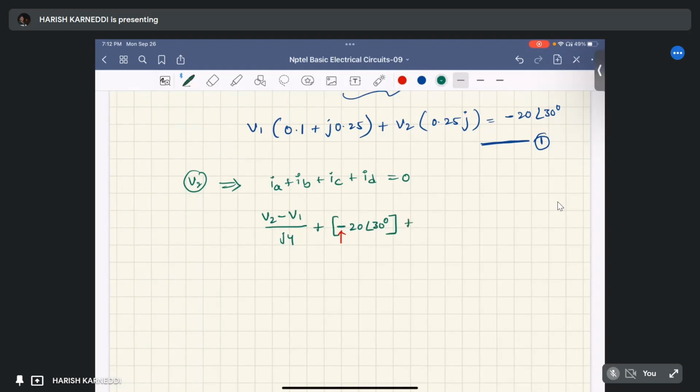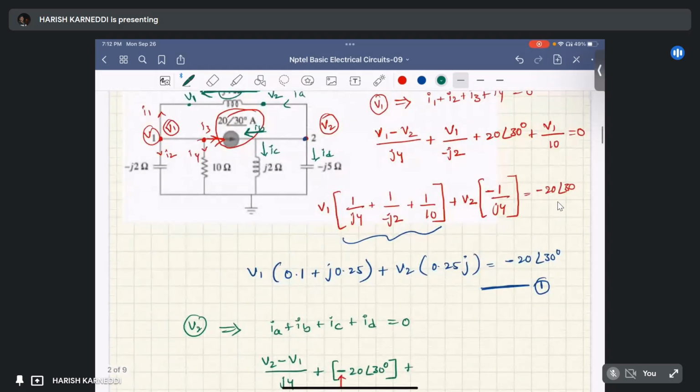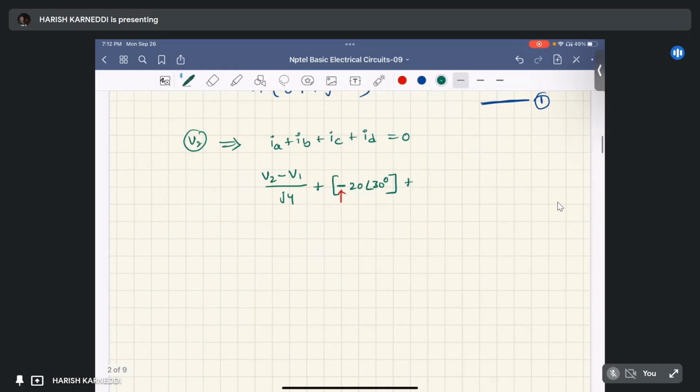Similarly, IC is the current flowing through this j2 ohm inductor. The potential across this j2 ohm inductor is the same as V2, because the j2 ohm inductor is connected between node 2 and ground. So we can write IC as V2 by j2 ohm.